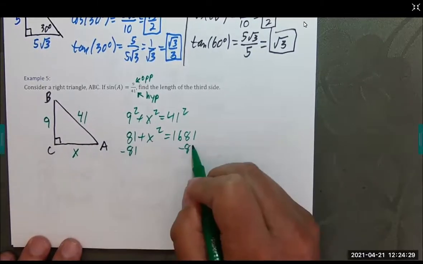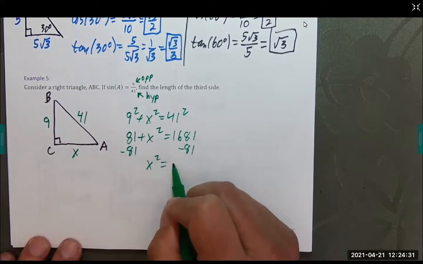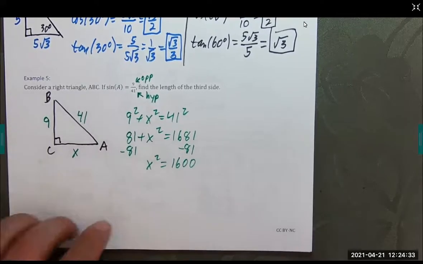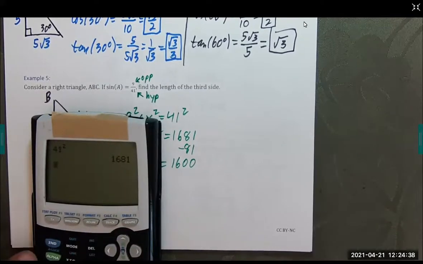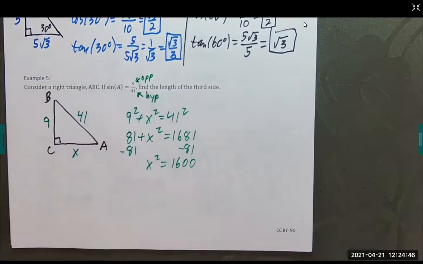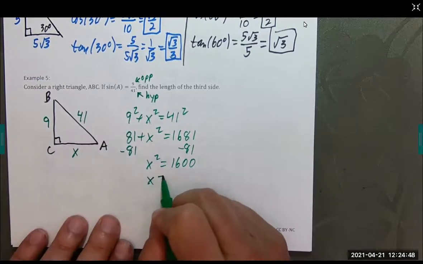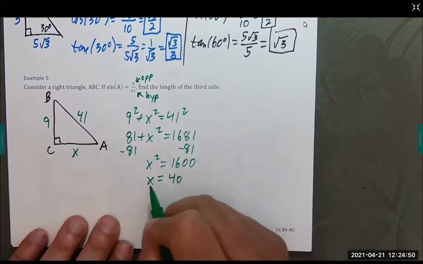Minus 81 is 1600. And I believe that comes out to be 40 if I take the square root. Let's see. Square root of 1600 is 40. So what's the missing side in this case? It's x equals 40.